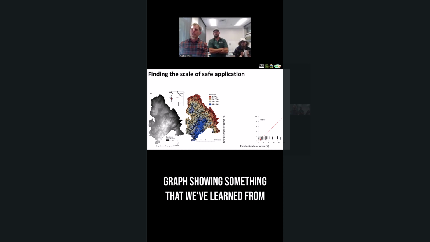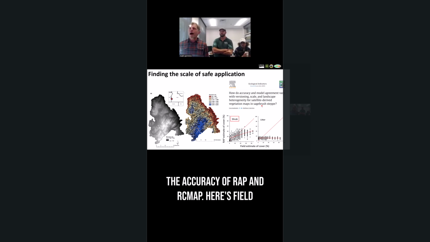Here's a graph showing something that we've learned from the accuracy of RAP and RCMap. Here's field estimates from these plots. Here's the remotely sensed model of cover based on satellite imagery. And a one-to-one agreement would be shown along the dotted lines.